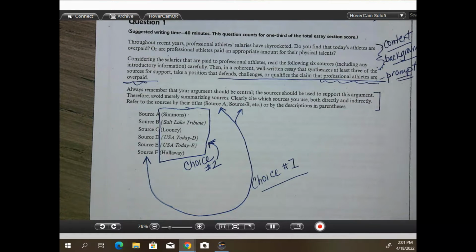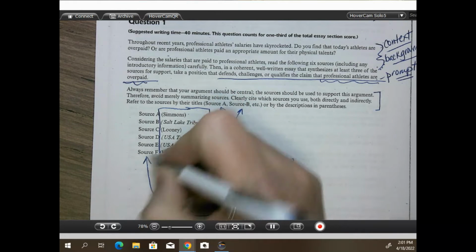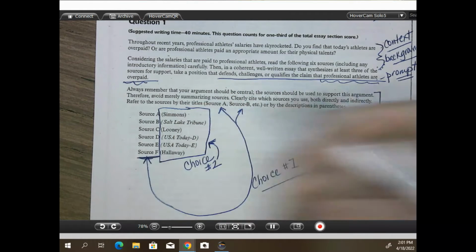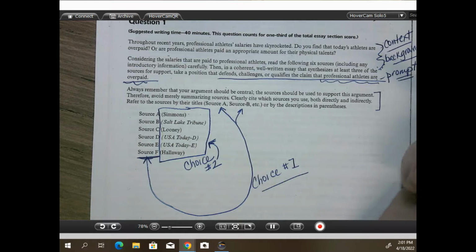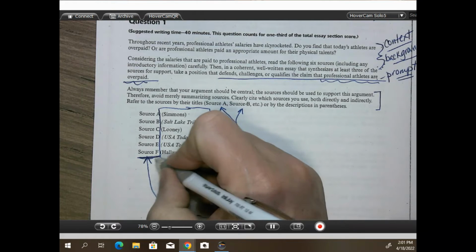No. Use column A or column B, but do not mix and match. And that would be okay if you're using choice one, because if you say in source F, Holloway explains, Holloway is just part of the sentence.